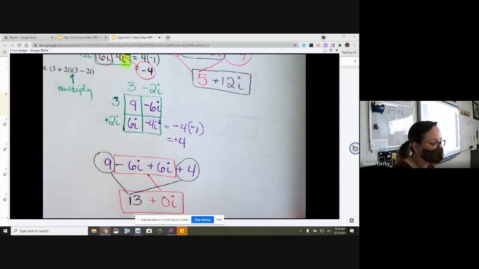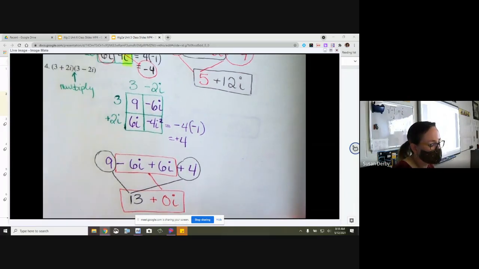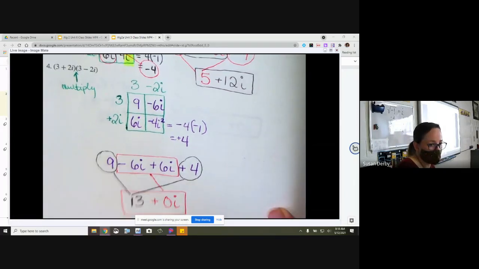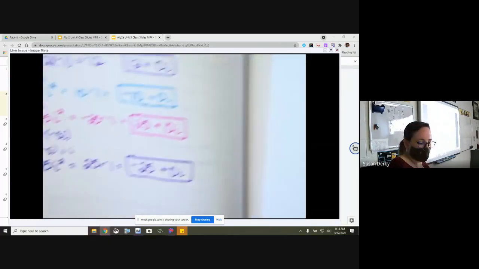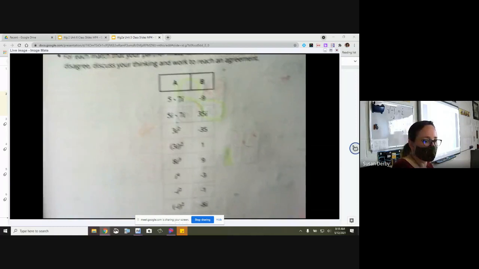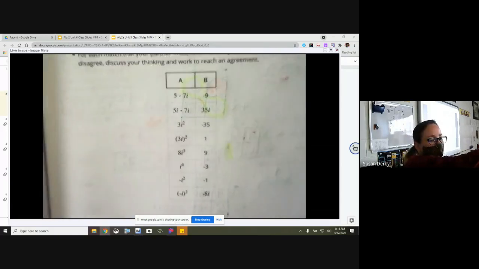Any questions from our multiplying complex numbers together here in lesson 13.3? All right. I want to give you a chance to, let's go back to the previous page.